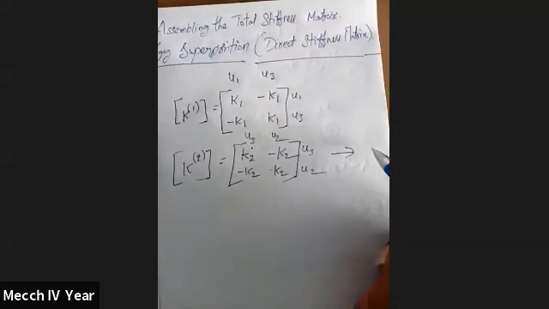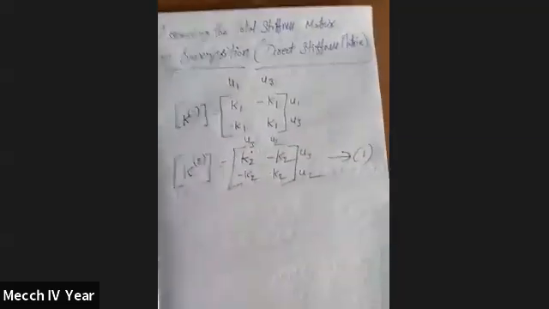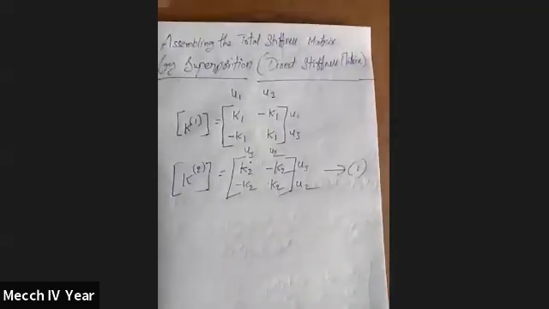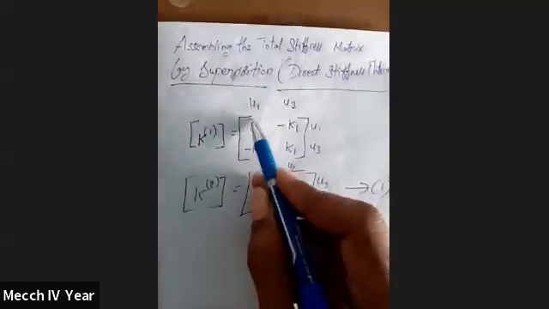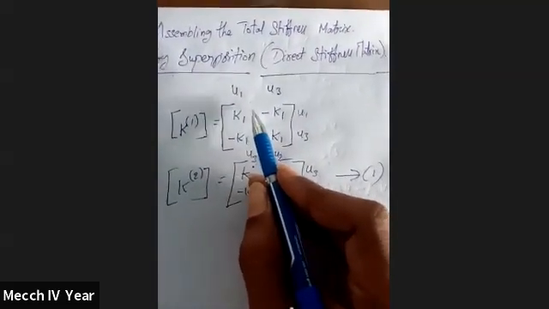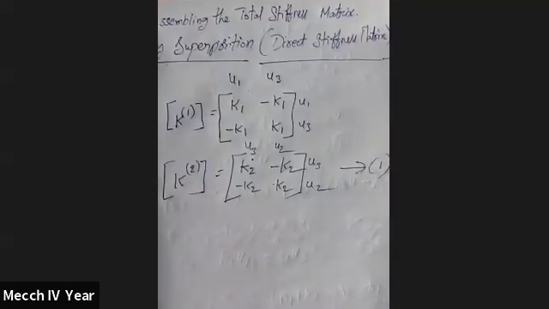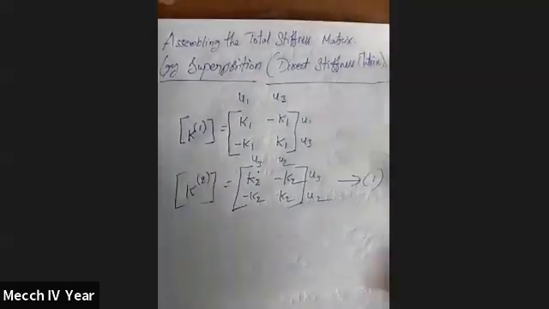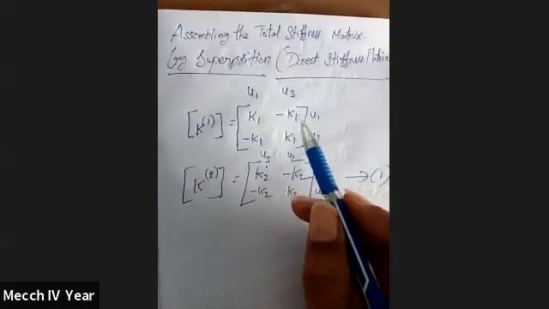Take equation number 1. Here u1 is written above the column and next to the row to indicate the degree of freedom associated with the element row and column.